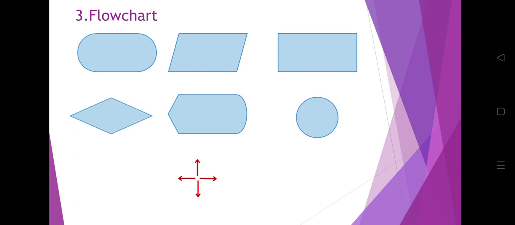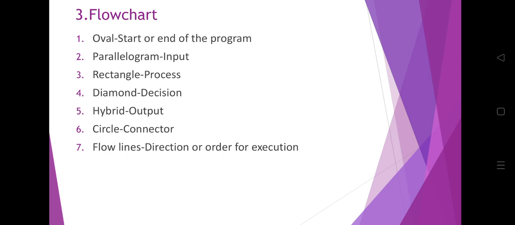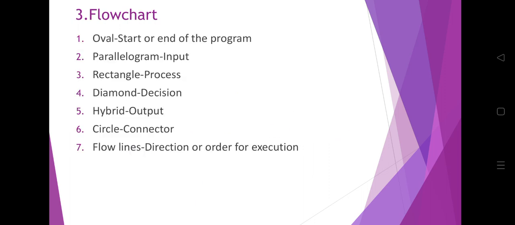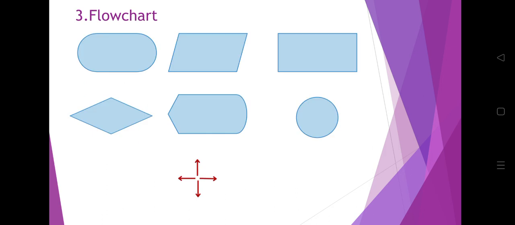First one is the oval shape. The oval shape is used for the starting or ending representation of a program. The parallelogram is used for input, and the rectangle for the process or procedure which we actually want to implement in the program.